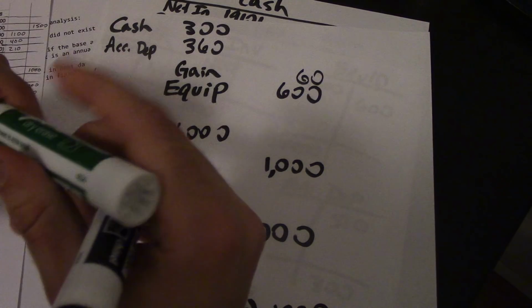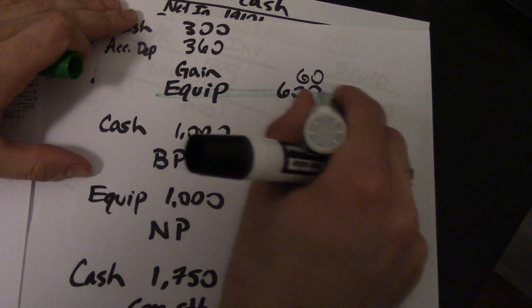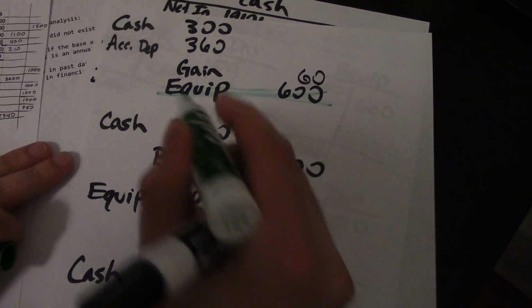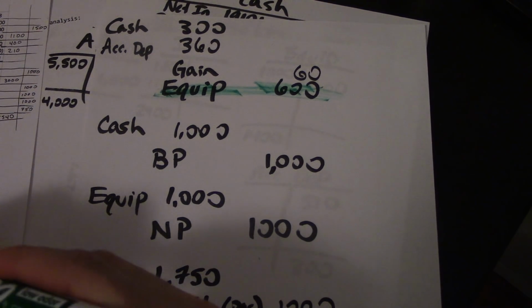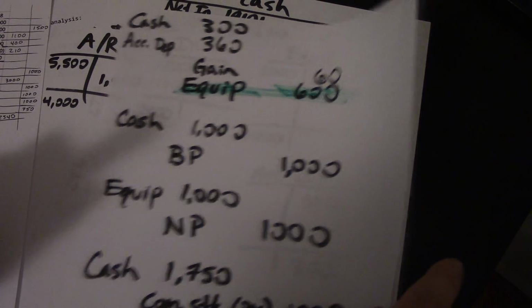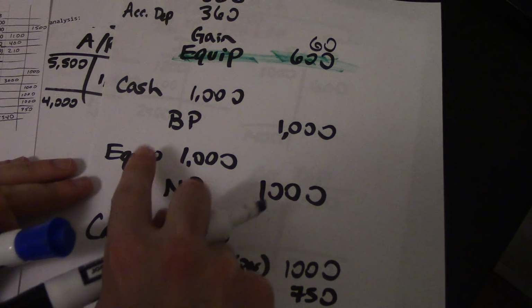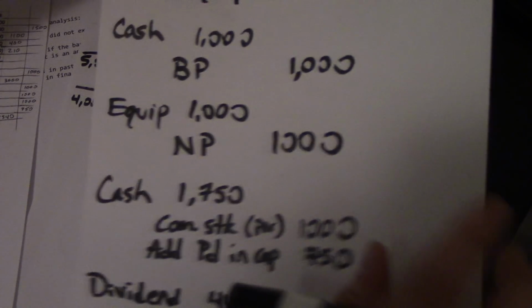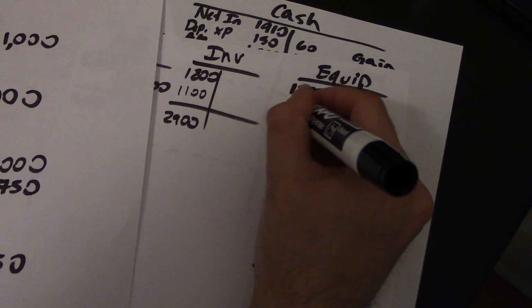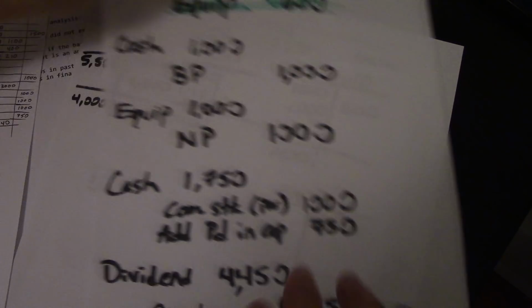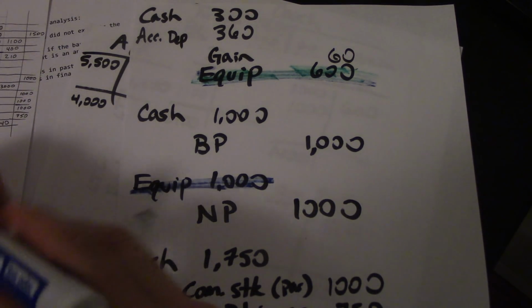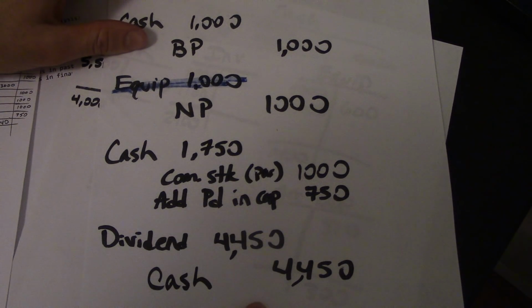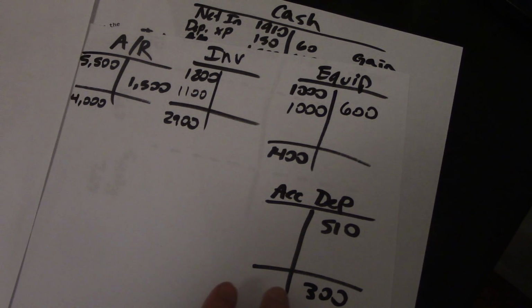So I'm just going to cross that off a little bit in green. Where else was equipment affected? We purchased equipment, or we debited equipment by 1,000. So there we go. Got those down. And equipment wasn't affected any other way.